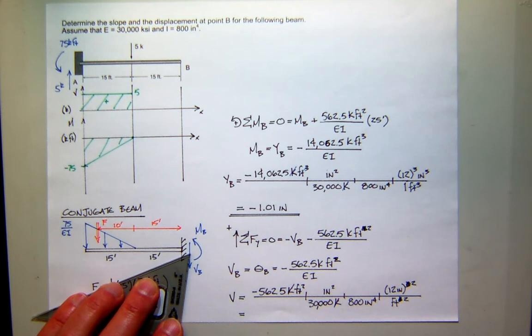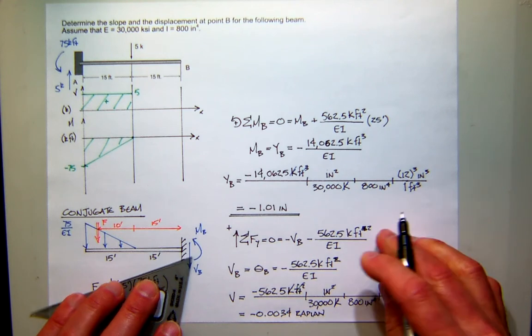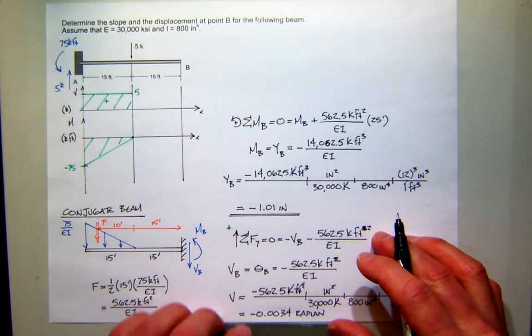So now my feet squared cancels. So I have inches squared twice, inches to the fourth, inches to the fourth. All the units cancel. So I have a dimensionless number, which is, I think, going to be pretty small. Anybody calculate that? 0.0034. And that will be in radians.